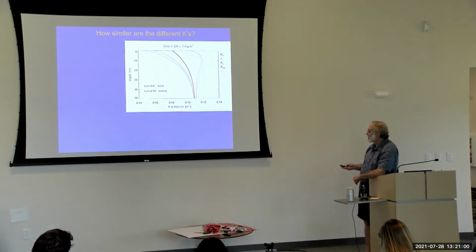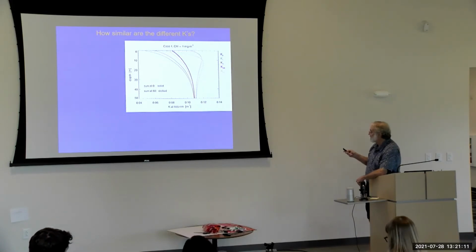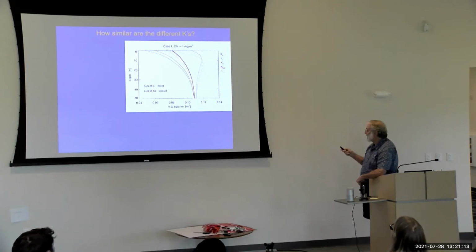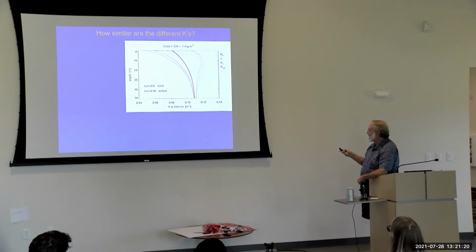Okay, so let's look at some of these things. For those simulations we just saw, here's K at 550 nanometers for various K functions. The blue is KD, the green is K for upwelling radiance, K0 for scalar, the net ED minus EU, and K for LU.